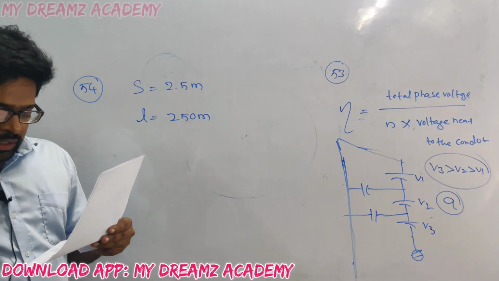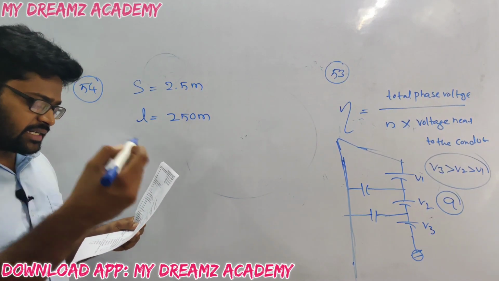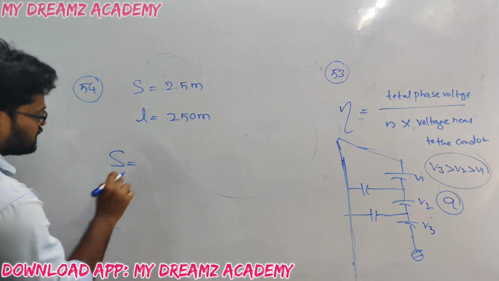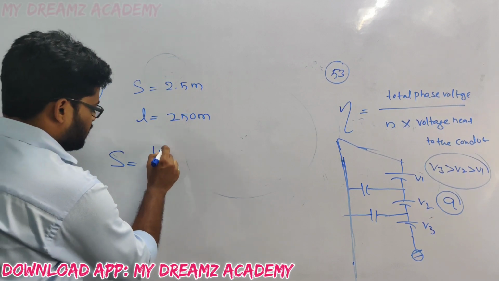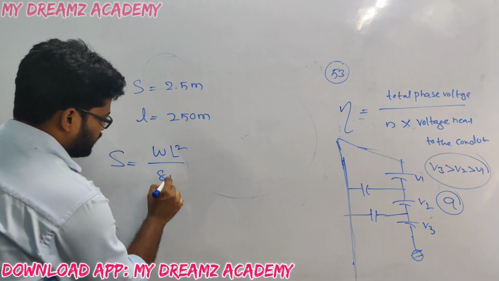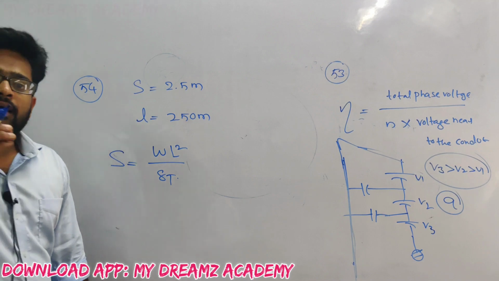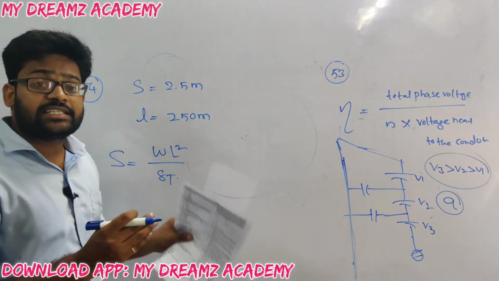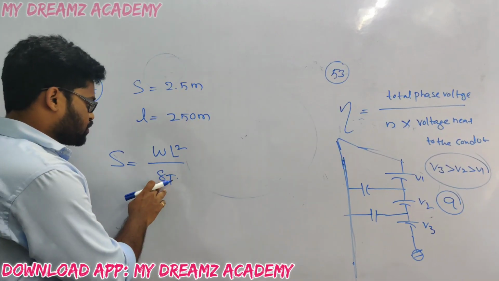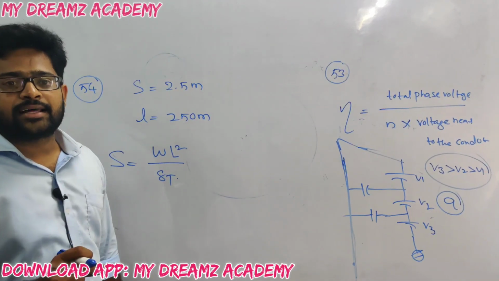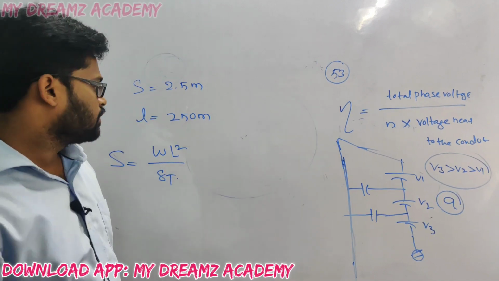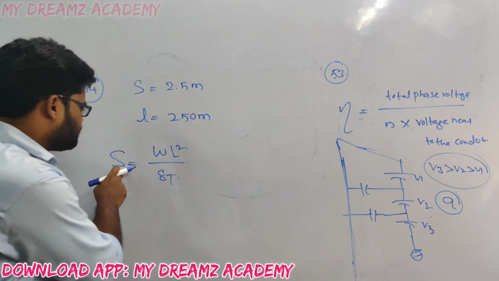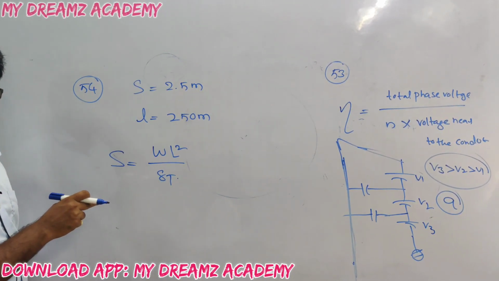Now, if the height of the supporting tower is increased by 25%, first of all we will see the sag formula, that is w L squared divided by 8 T, where w is the weight of the conductor, L is the distance between the two towers, and T is the tension of the conductor. If the height of the tower increases, does the sag depend on it?